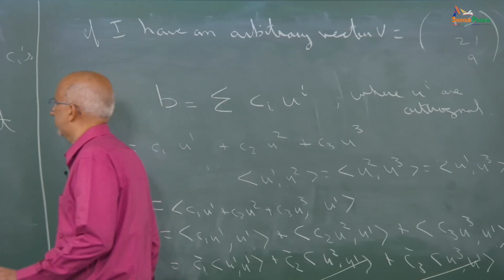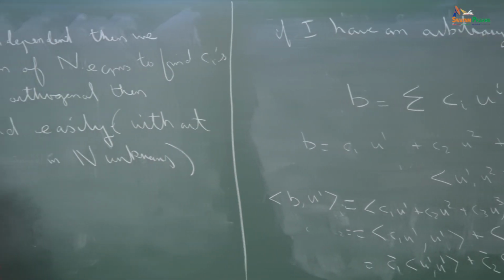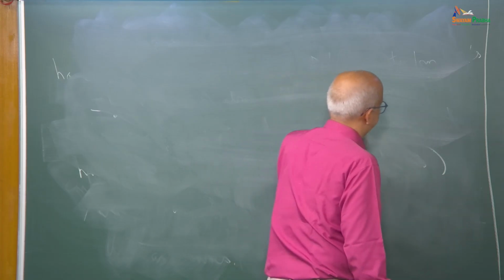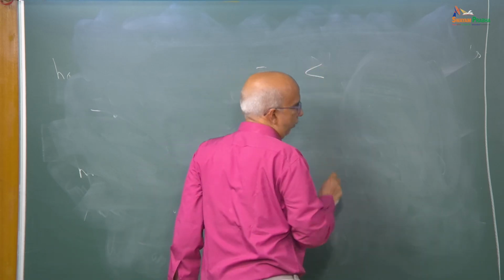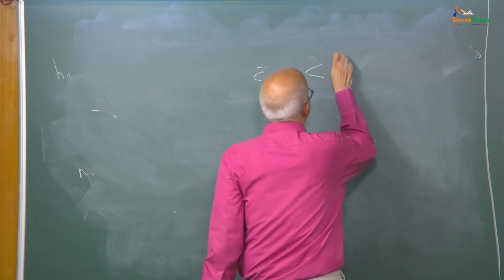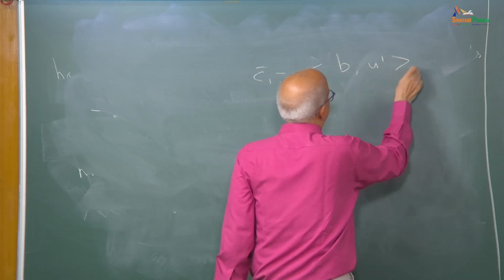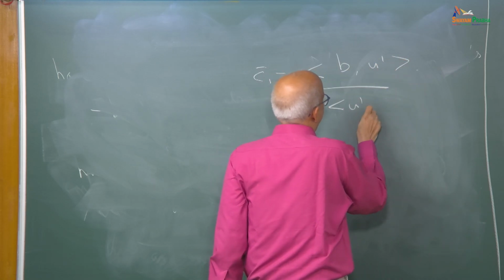So, basically all I am saying is that C1 bar, that coefficient, is the inner product of B with U1 divided by the inner product of U1 with U1.